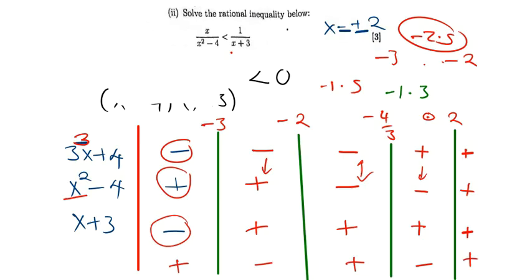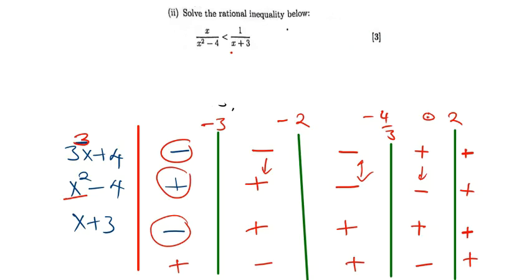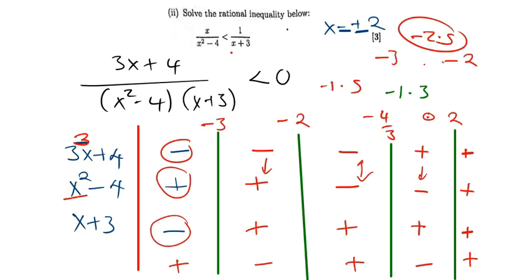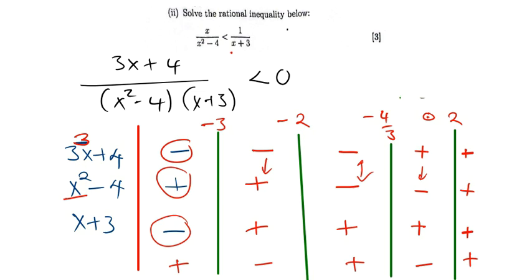Okay. Now for this question, if you try to look at what we have, our interest was to find the solutions that will make it less than 0. So what are the possible combinations that can give us values that are less than 0? So implying that we're interested in the negative results. So this part and that part.